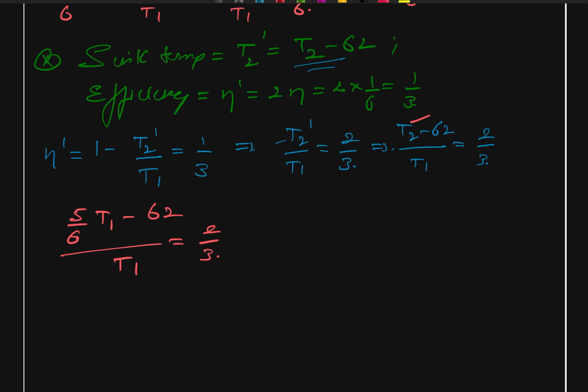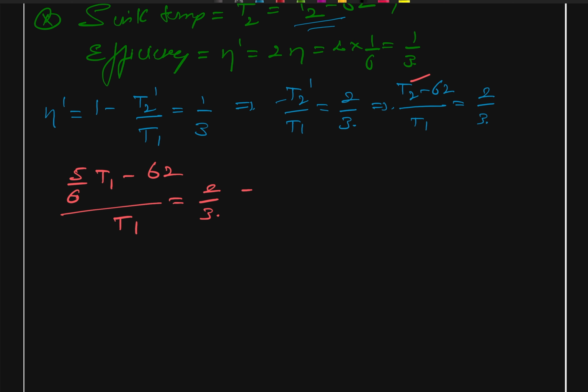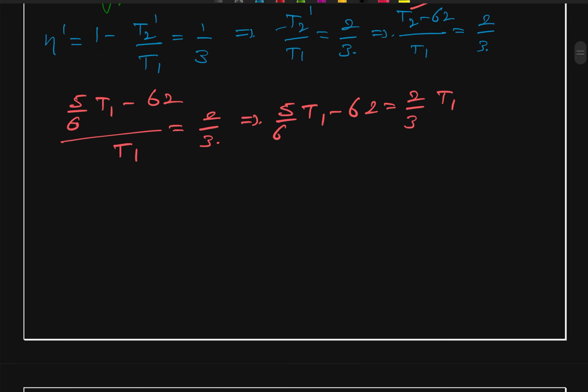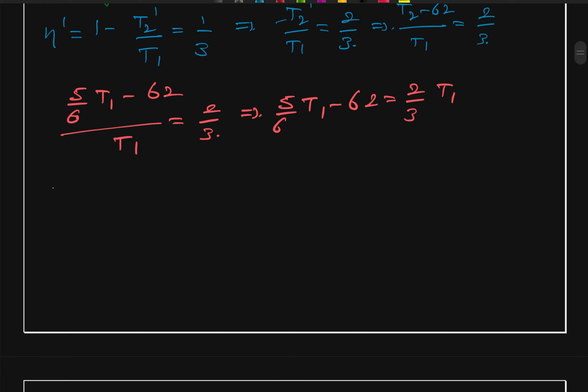Now it is a simple calculation. We can write this as 5 by 6 times T1 minus 62 is equal to 2 by 3 times T1. And this gives us 5 by 6 times T1 minus 2 by 3 times T1 is equal to 62. Taking 6 as the LCM, this will be 5 minus 4, that is equal to 1 by 6.